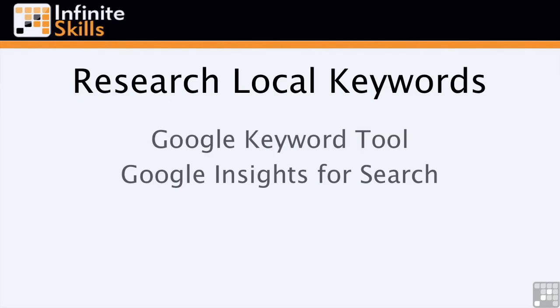The next thing is to research local specific keywords. In other videos, we've talked about the Google Keyword Tool. For example, you could look at keywords like plumbers in San Francisco, essentially the keyword plus the region, and you can see what the search volume looks like. So you're going to want to do some specific local-based optimization. Another tool that Google has that's fantastic is called Google Insights for Search.